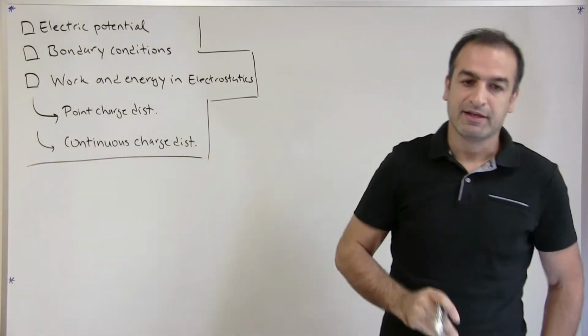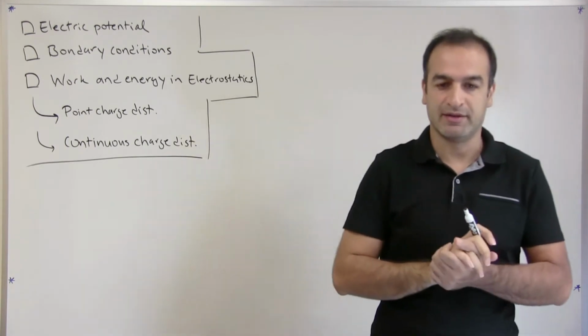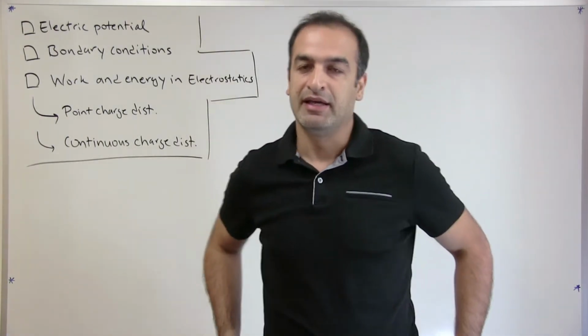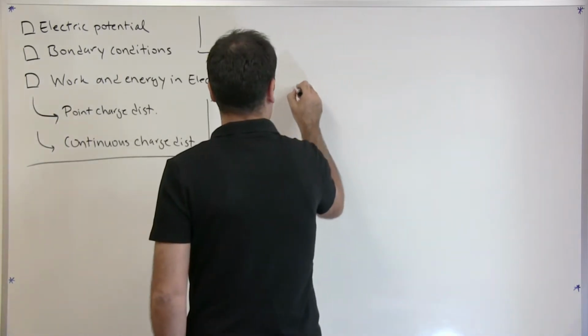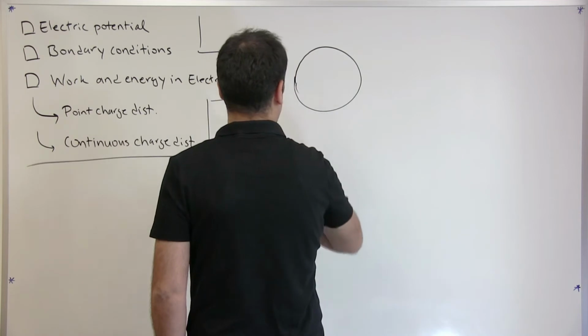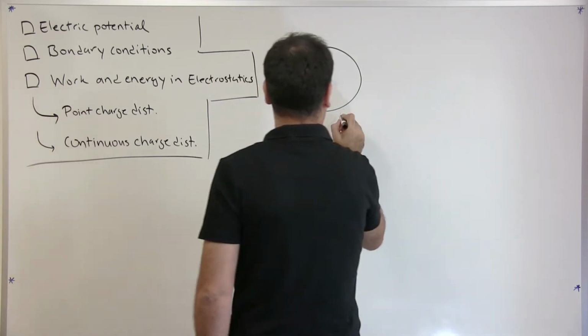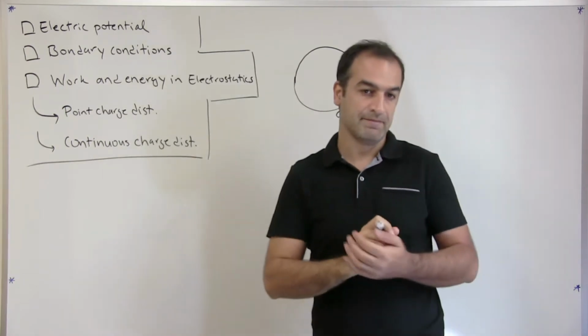Let's continue the example we've been doing on Thursday last week. And the question was, we have a spherical shell, right, with a uniform surface charge density of sigma.